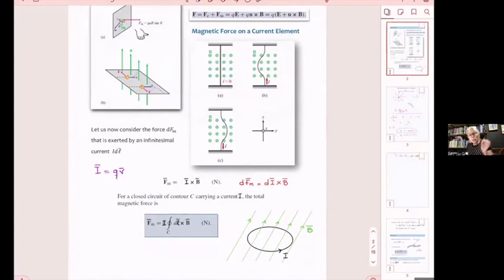But because I cannot specify the position of the electron that creates this current, after I define it, and then from here go here and write this expression for the magnetic force, I don't talk about that Q anymore.